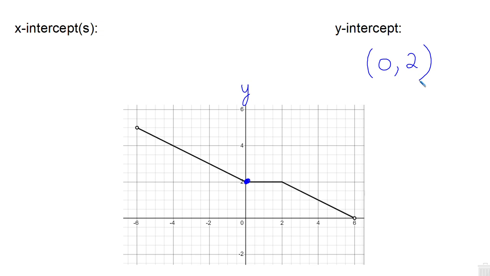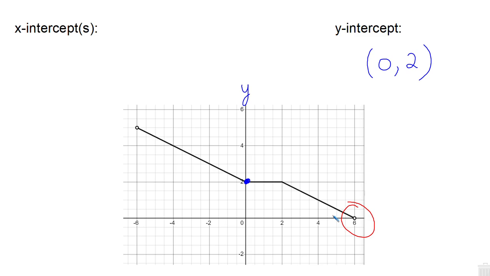But for our x-intercept, we have something strange going on here, right? We've got this little open circle. An open circle means that that point is not included on the graph. So even though it looks like it's going to touch the x-axis there, that point is actually not there. So if we look all the way from the left, all the way down to the right, it doesn't actually ever cross through our x-axis at all.